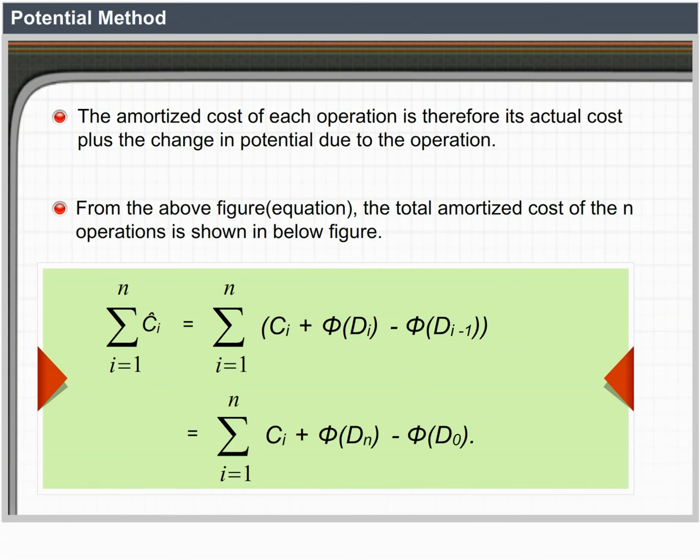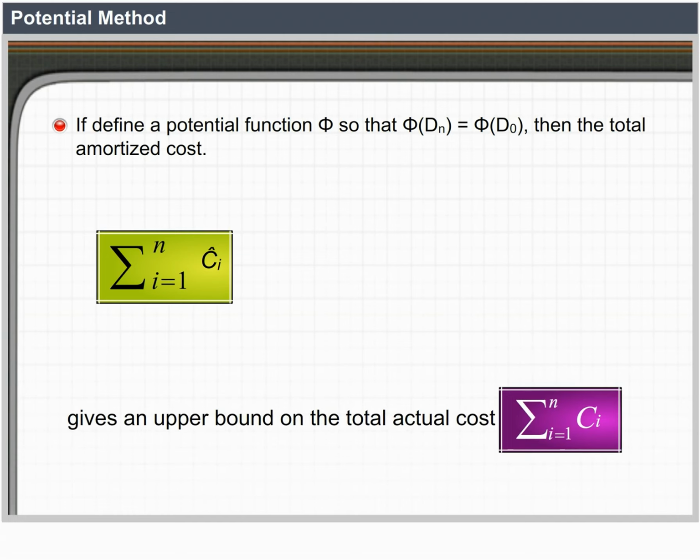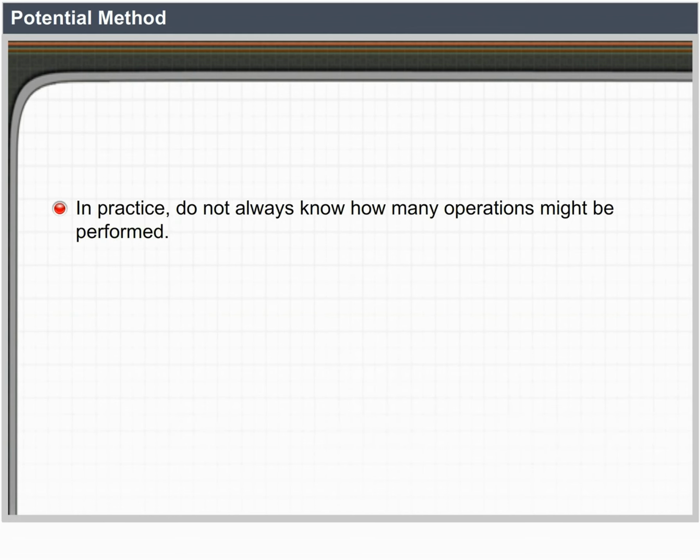If we define a potential function phi so that phi of Dn equals phi of D0, then the total amortized cost, summation i equals 1 to n Ci cap, gives an upper bound on the total actual cost, summation i equals 1 to n Ci. In practice, we do not always know how many operations might be performed.